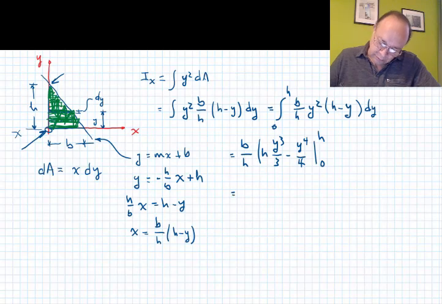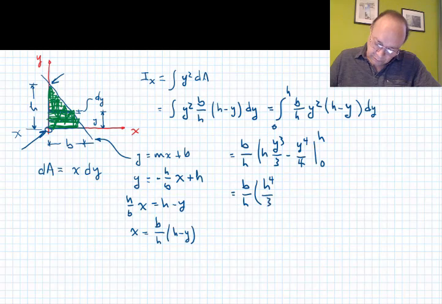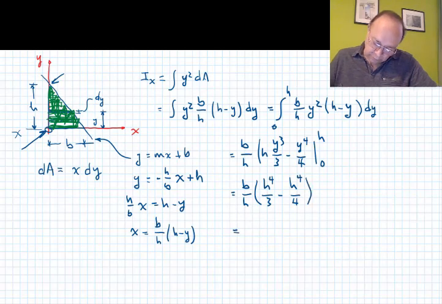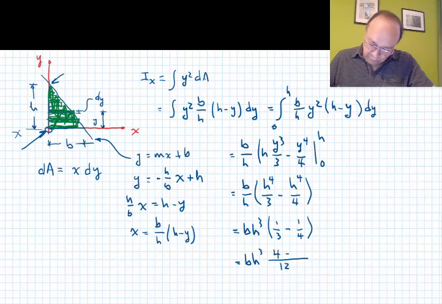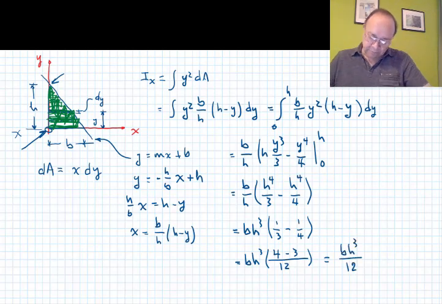So this will be b over h times (h to the 4 over 3 minus h to the 4 over 4). So this will be b h cubed times (1/3 minus 1/4). So that will be b h cubed over 12, 4 minus 3, equals b h cubed over 12.